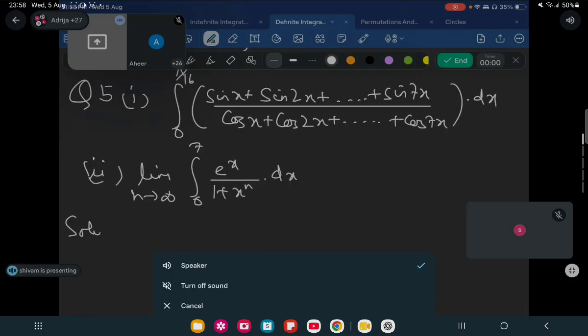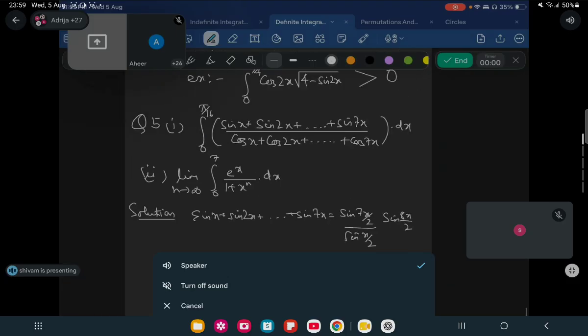If you remember, sine n beta by 2 divided by sine beta by 2. Sine x plus sine 2x plus up to sine 7x. There are 7 terms. This will be equal to sine 7x by 2 divided by sine x by 2, multiplied by sine of first angle plus last angle by 2, that is sine 8x divided by 2, which becomes sine 4x.